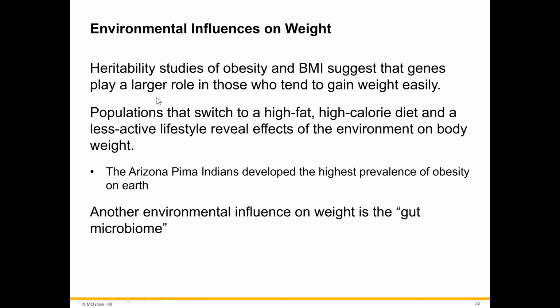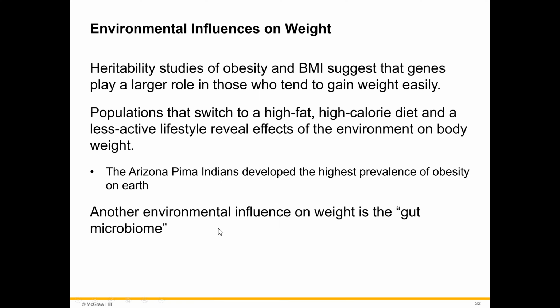However, if you have populations that, generation after generation, eat high-fat food, a high-calorie diet, and have less active lifestyles, that also affects their body weight. In Arizona, the Pima Indians, for example, developed the highest prevalence of obesity on Earth.